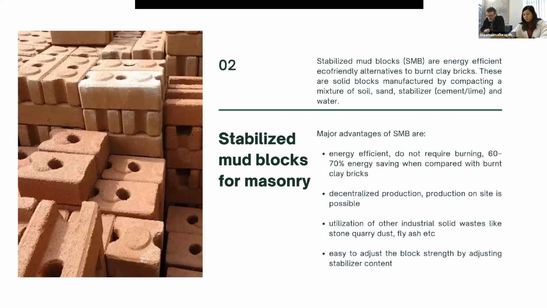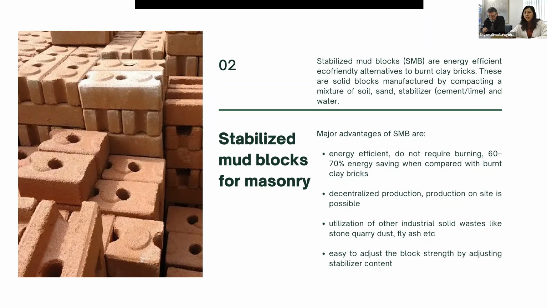Stabilized mud blocks are building materials made from a mixture of soil, sand, water, and stabilizing agents such as cement, lime, or ash. The mixture is molded into blocks and dried to create a durable and low-cost building material. SMBs are considered a zero carbon building material because they're made from locally sourced renewable materials and do not require energy intensive manufacturing processes.